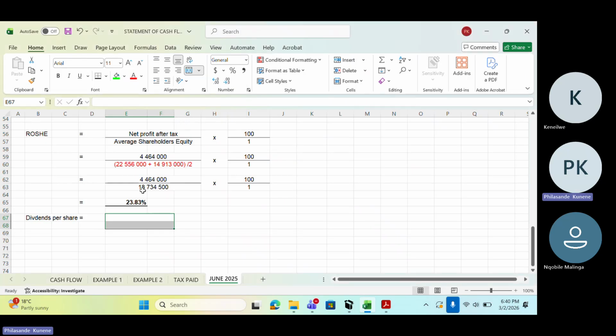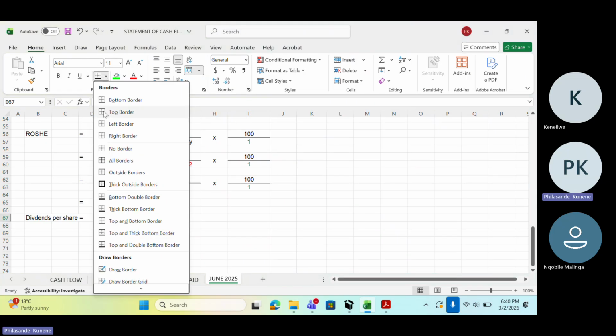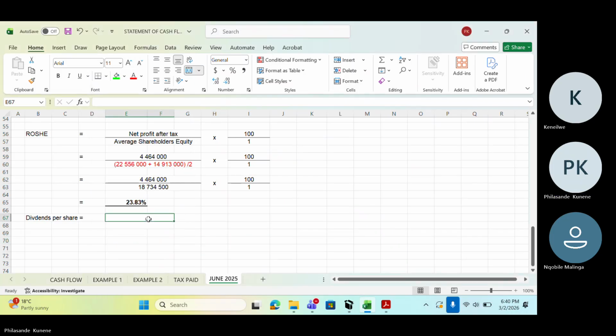The formula: it is calculated in cents. We're taking the total dividends divided by the number of shares issued, right? So this is the formula.